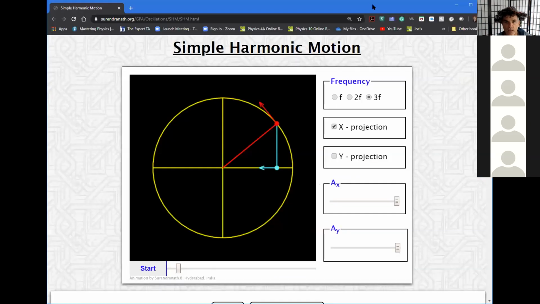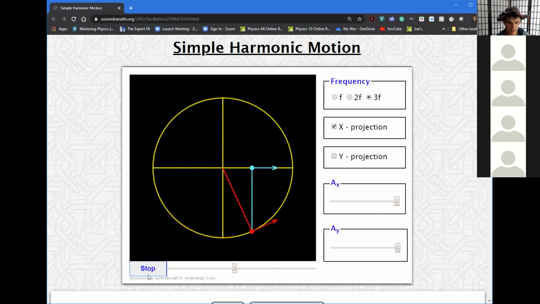So remember, the whole interesting thing about circular motion and simple harmonic motion is that it's a projection of circular motion as this is moving around in uniform circular motion. So as this red dot is moving around at some angular speed, omega in radians per second, if I look at the x component as it goes in circular motion, that really describes an object in simple harmonic motion moving horizontally back and forth.